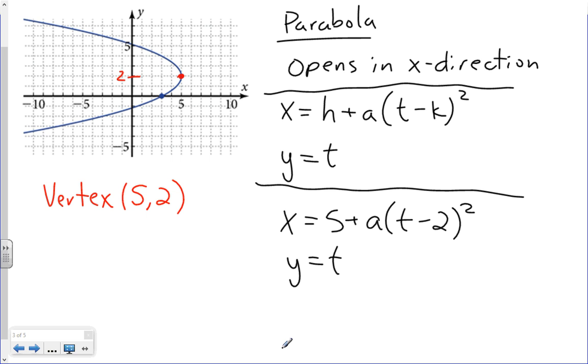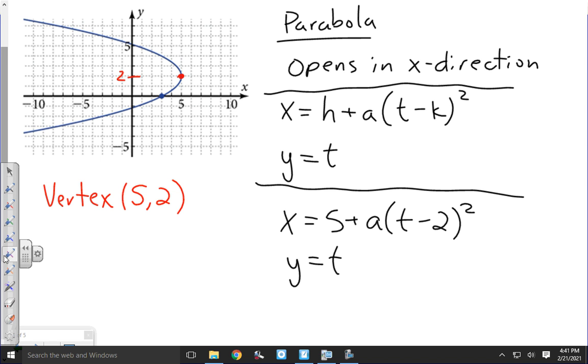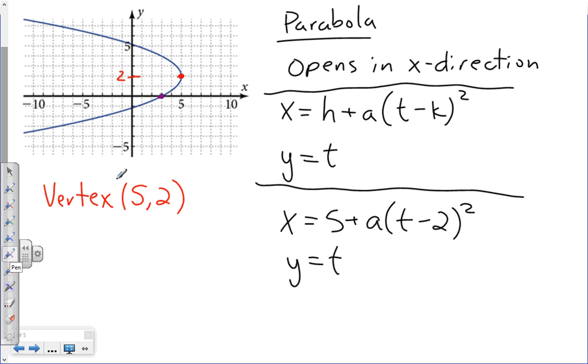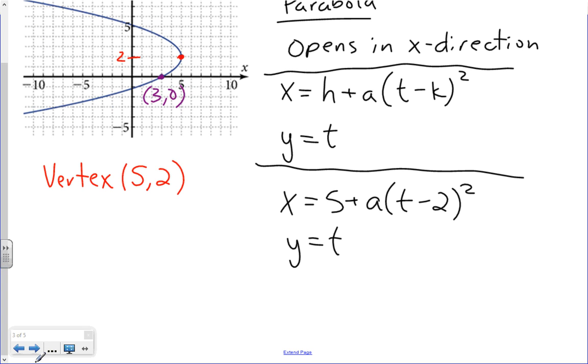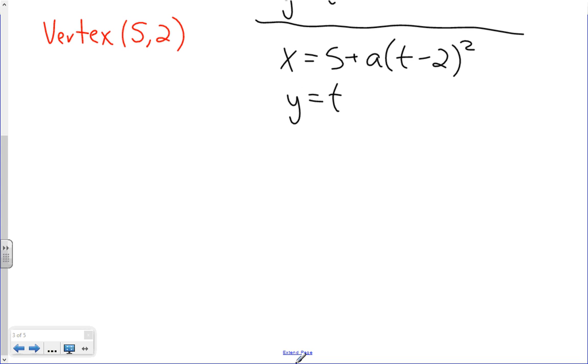They gave us another point here, not only the vertex, but they gave us an x-intercept. And so that x-intercept looks like that's at 3, 0. So that's an x and a y value. So I know what x is equal to, and I know what y is equal to, so I can use that to help me come up with my value for a. We had to do something similar to this when you're trying to come up with a in Cartesian form.